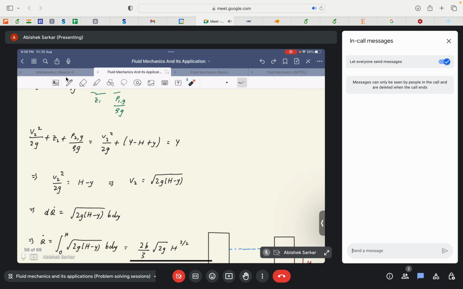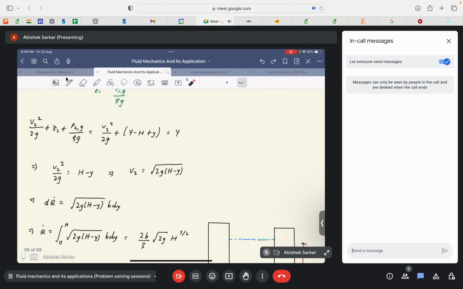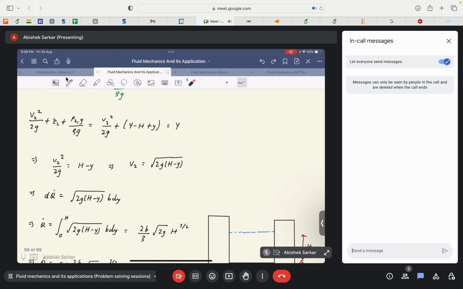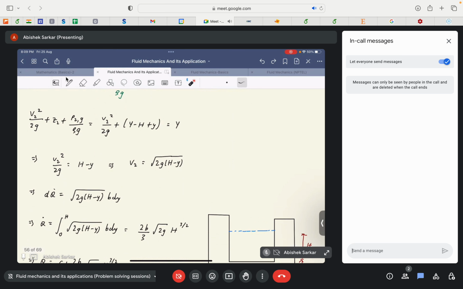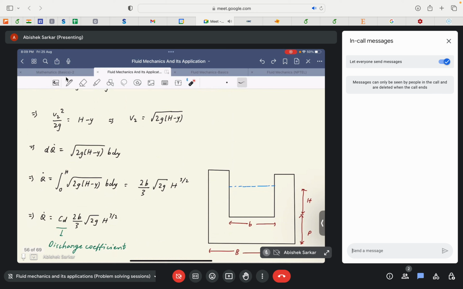Okay, so we now equate these two terms. We get that v2 square by 2g is equal to h minus y. Then v2 is equal to root of 2g times h minus y. Then again, the mass flow rate. If we try to integrate this, we need to find the flow rate through this square shaped or rectangular notch.